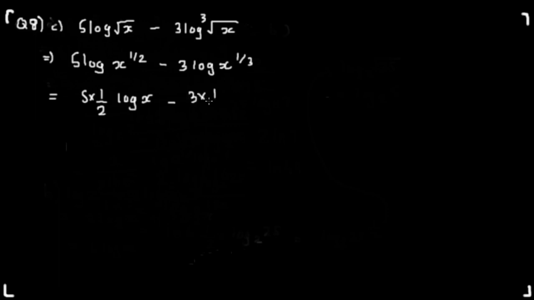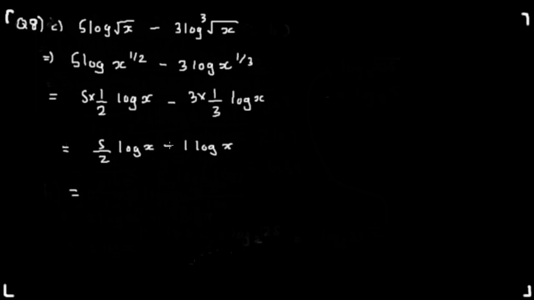So we get 5/2 log x minus 1, right? Get 1. So 1 log x. This is just the same as log x, so you normally wouldn't even write this, but for the sake of simplicity, we'd write this here.